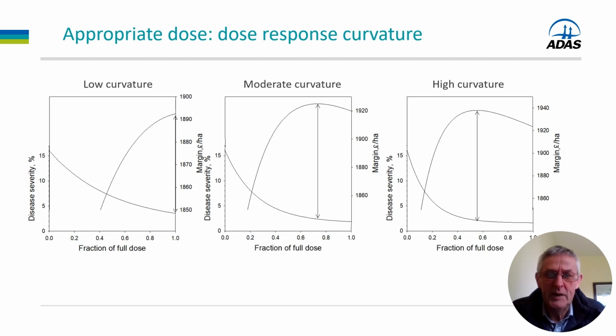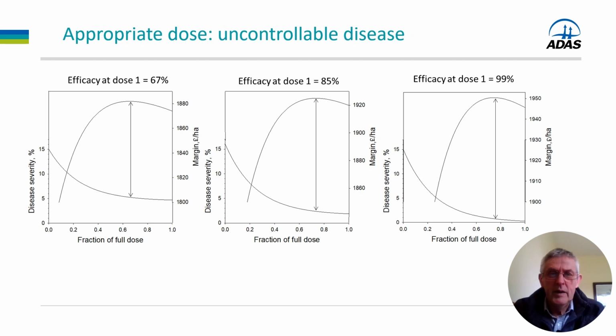And you can get some idea of the shapes of the response curves for different products from the fungicide performance data each year. And lastly, the thing we can change in our model here is what I'm calling the level of uncontrollable disease.